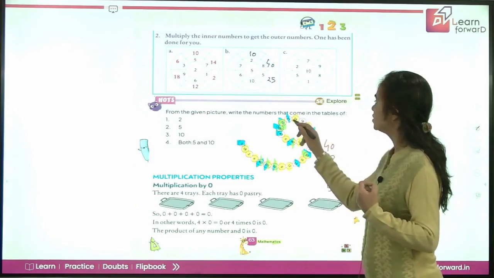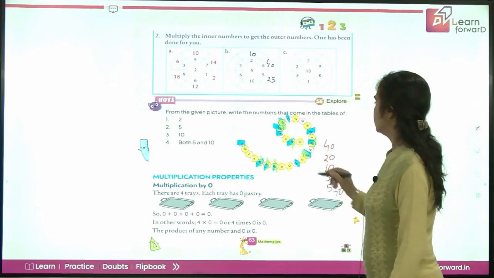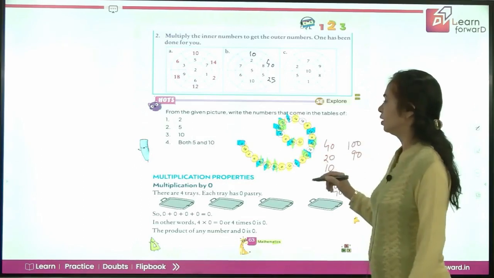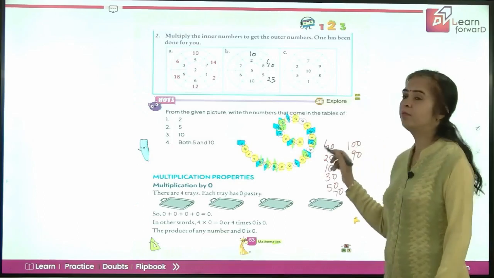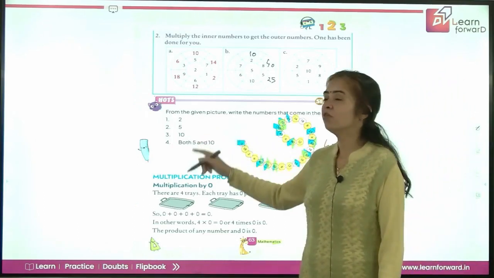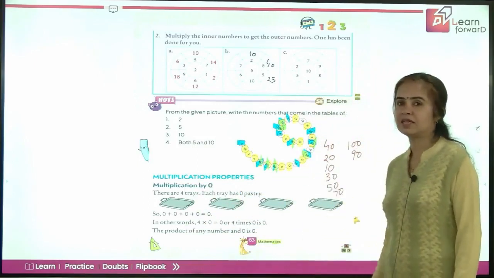Coming to next, we have 70. Then another number 100. And you have 90 at the end. So all these numbers have blue and green shades. That means they come in the table of 5 as well as 10. So this is how you'll be doing this activity.